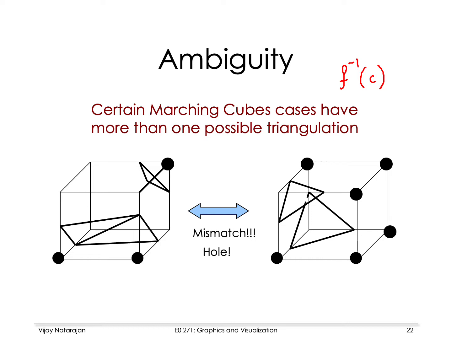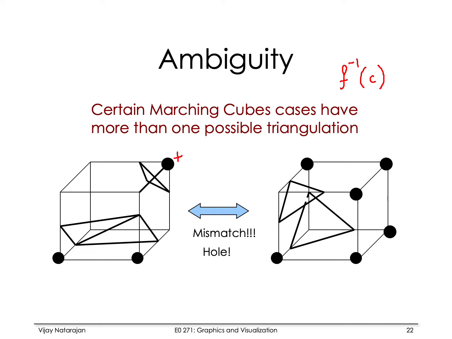So here is one such example where the marching cubes algorithm breaks down. The shaded vertices correspond to the plus vertices. On the left we have 3 plus and 5 minus, and here is one particular template from the case table consisting of 3 triangles for the isosurface.